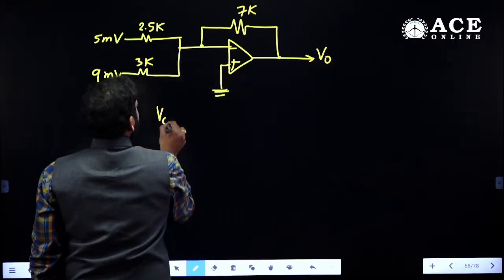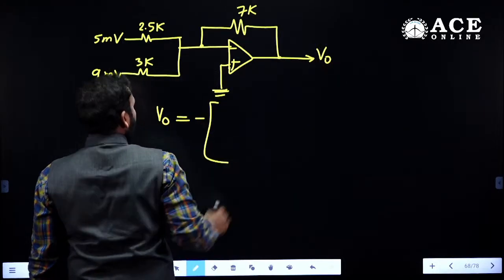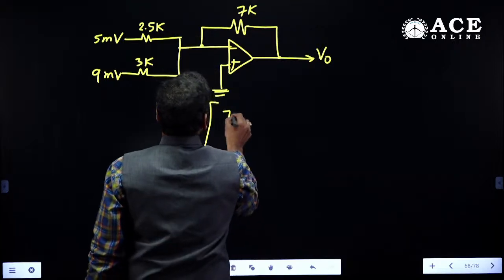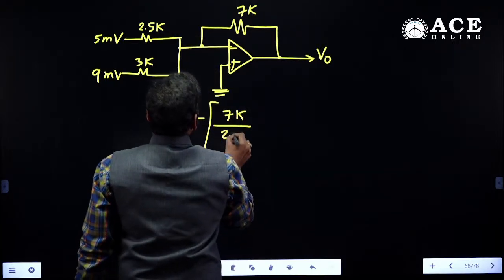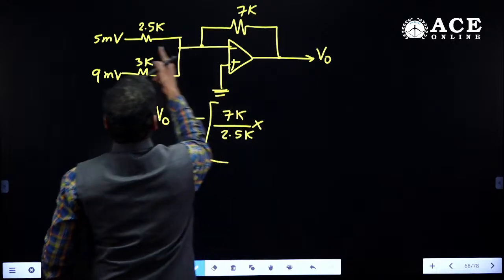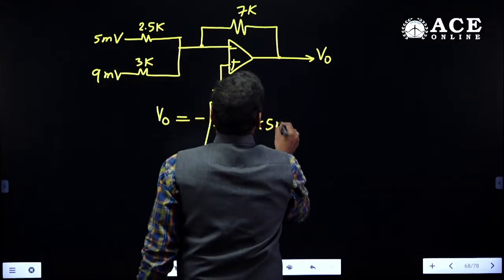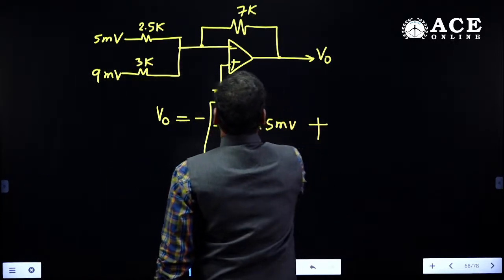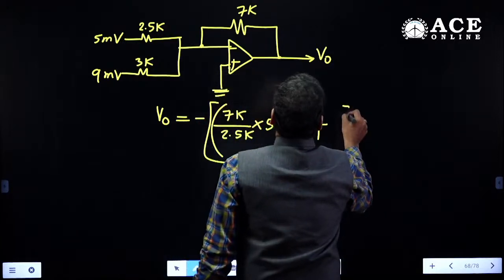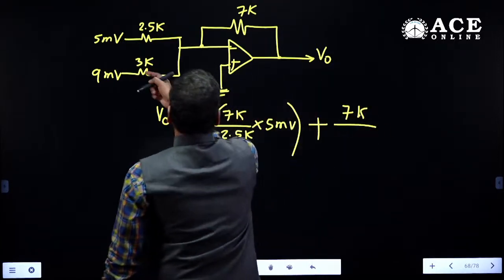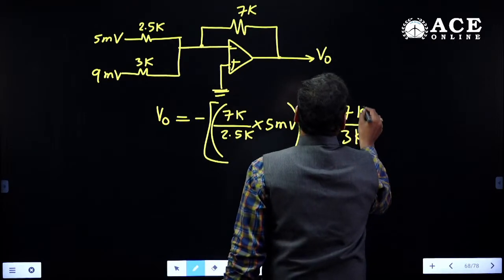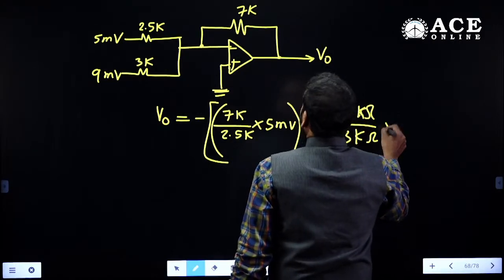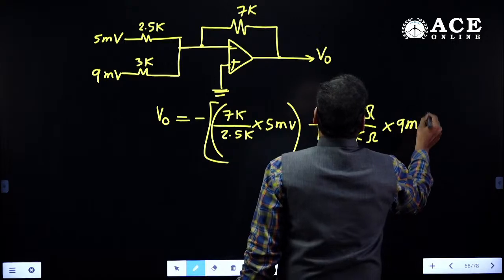V naught is equals to minus of 7K by 2.5K into what is the excitation through this terminal? 5 millivolts plus 7K by feedback resistor 3 kilo ohms, this is kilo ohms, okay, into how much? 9 millivolts.